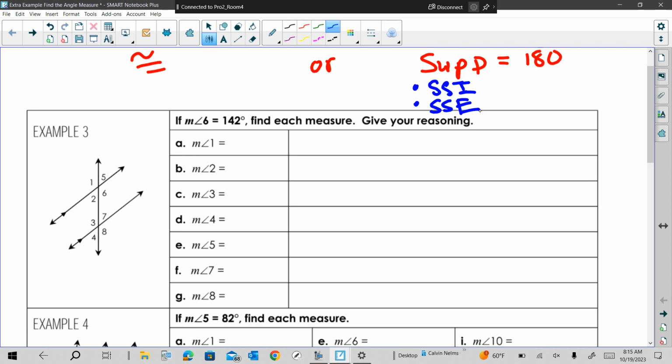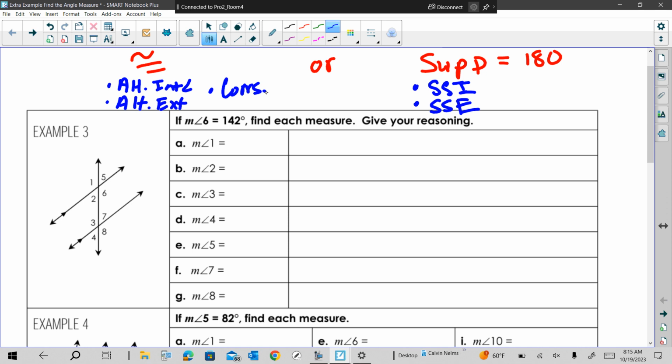So your congruent are your alternate interior angles, your alternate exterior, and your corresponding. That's our reasons for getting the measures.